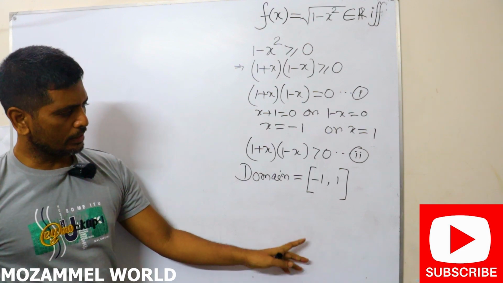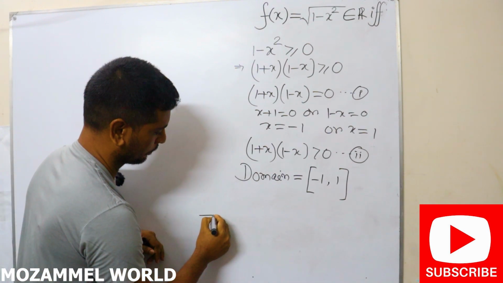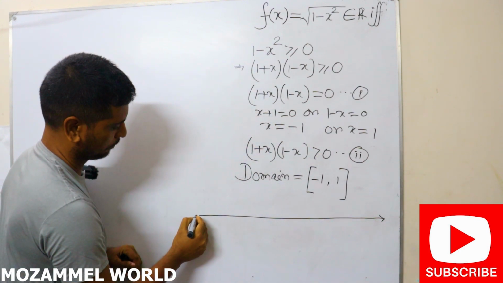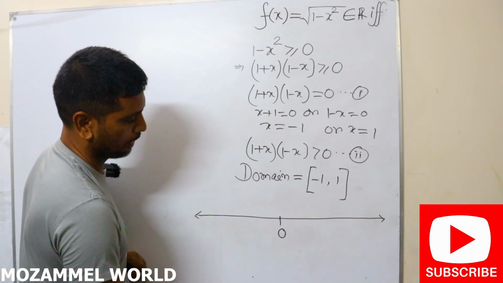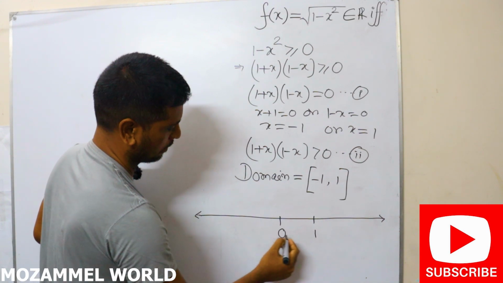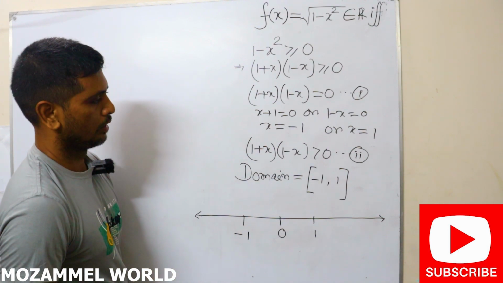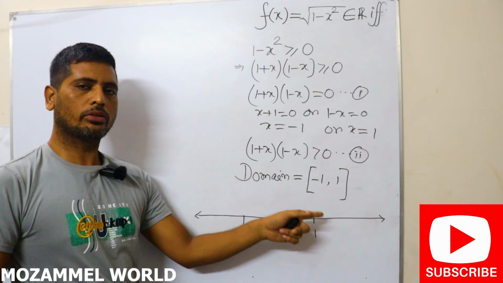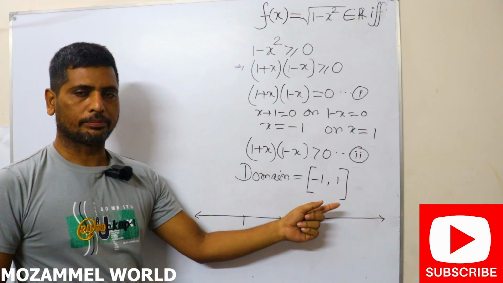I'm going to represent this domain on a number line. This is the origin denoted by O or 0. Suppose this is minus 1, plus 1. So this indicates minus 1 to plus 1 and the values between them.